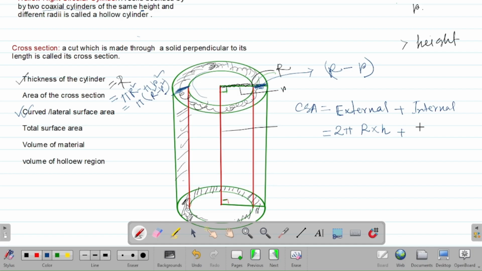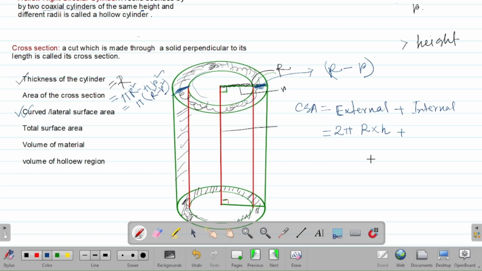The internal curved surface area would be the circumference of the hollow circular surface multiplied by h.